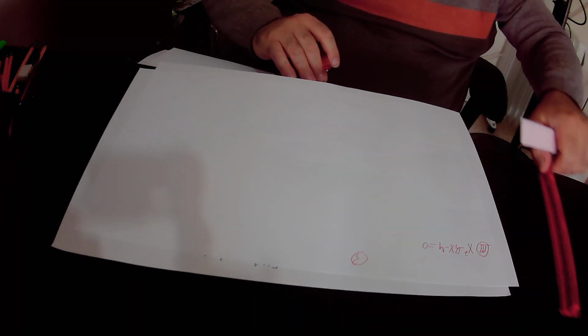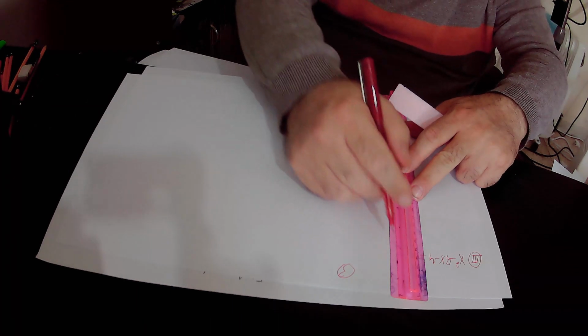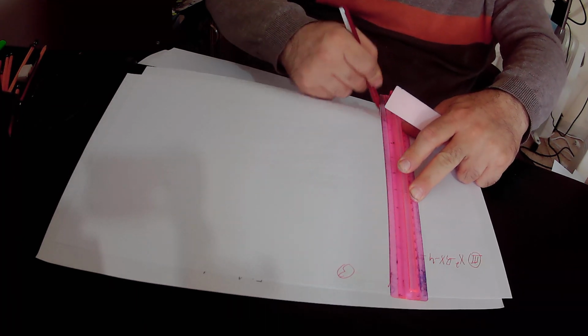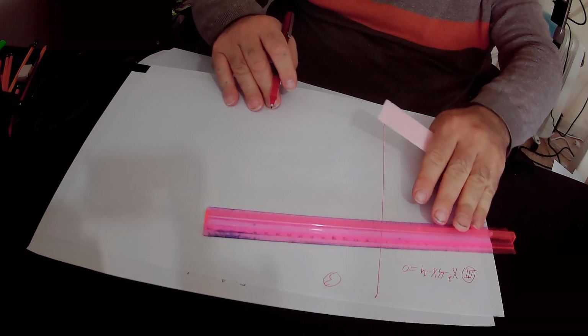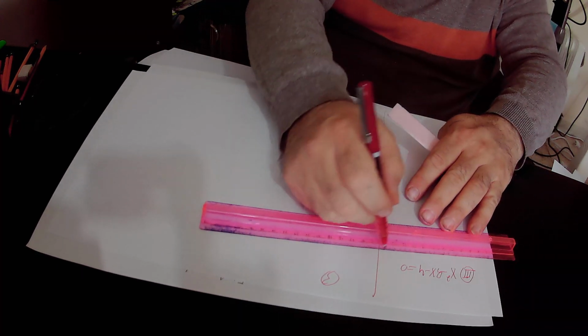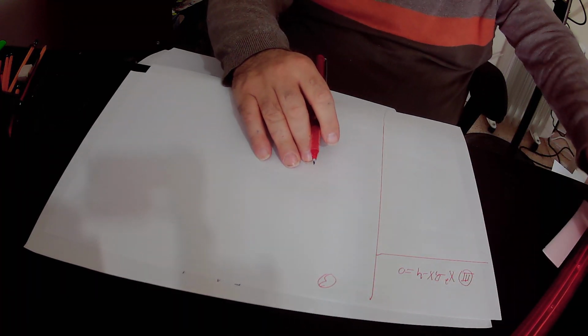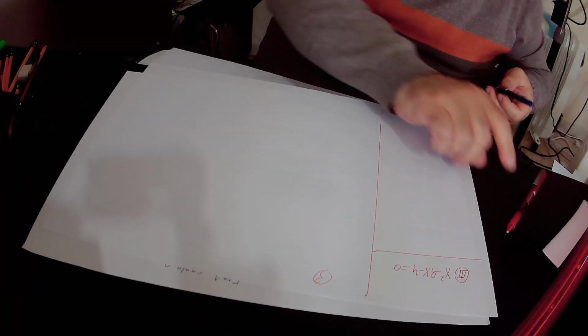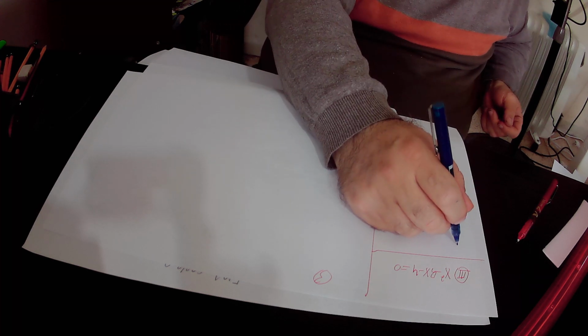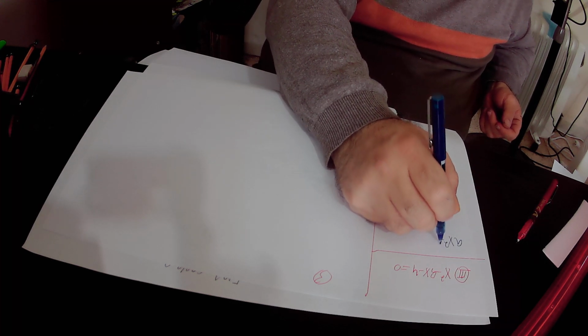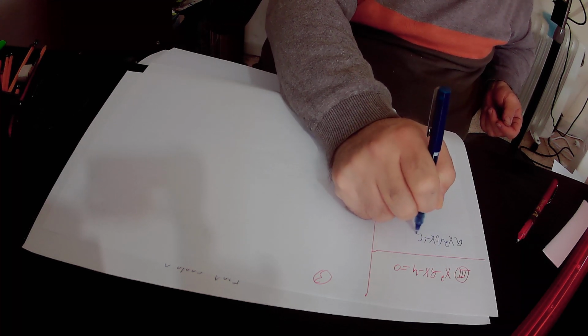So here we have a quadratic equation, and the general form of a quadratic equation is ax squared plus bx plus c equals 0.